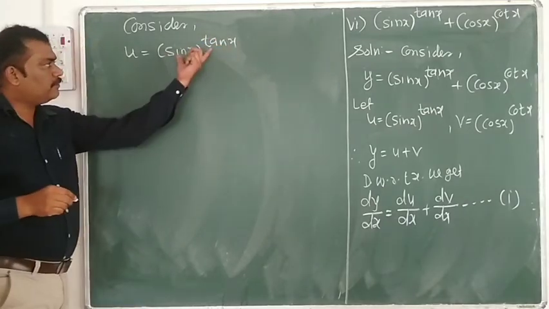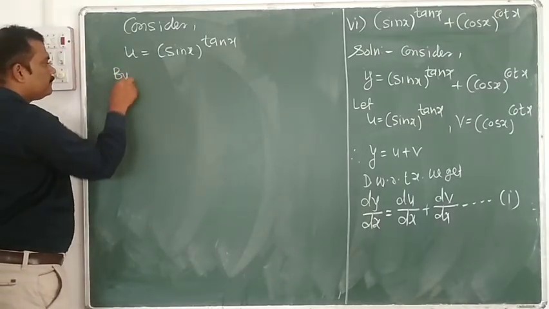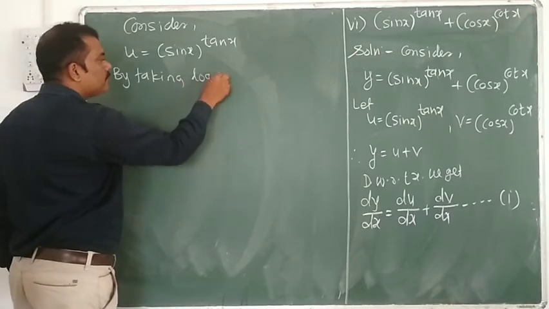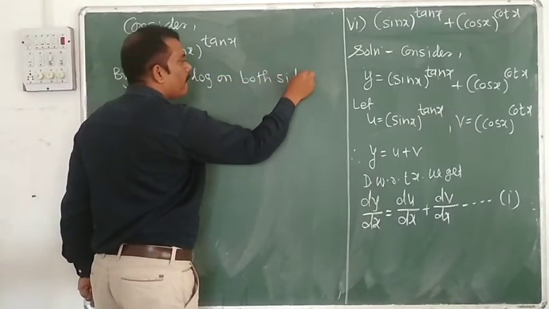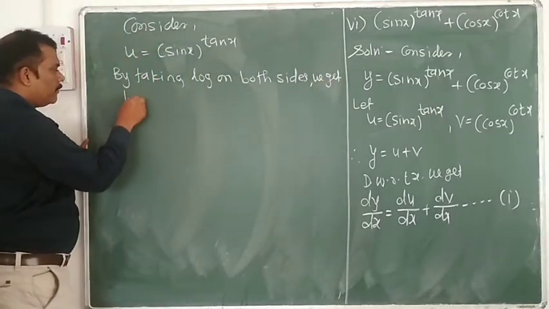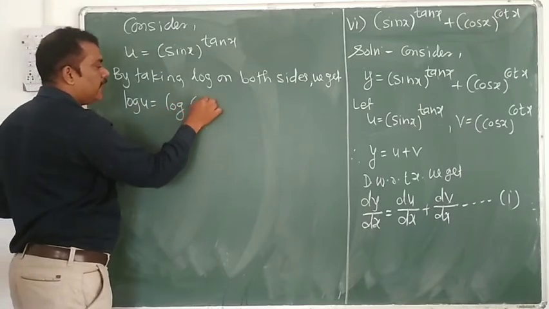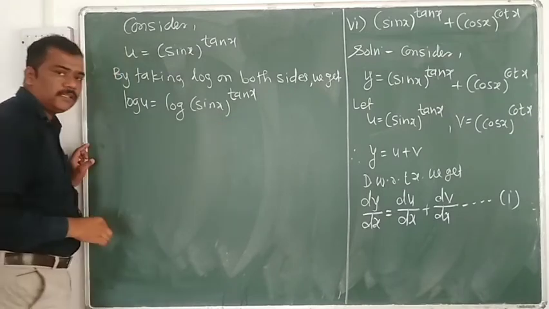Here function raised to function, so we have to take the log on both sides. We get log of u is equal to log of sin x raised to tan x.